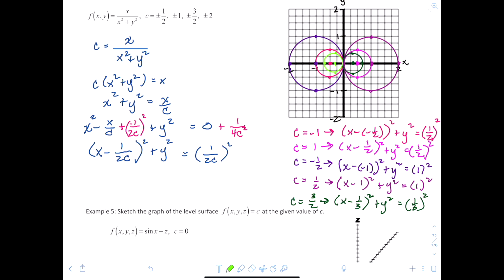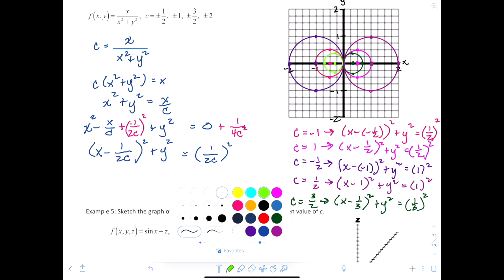That looks something like that. Anyway, you get the idea. And then we've got one more. We've got the 2 here, so we'll do that.